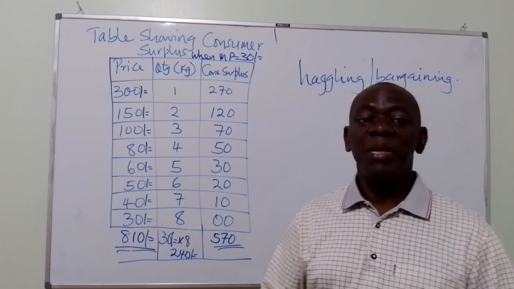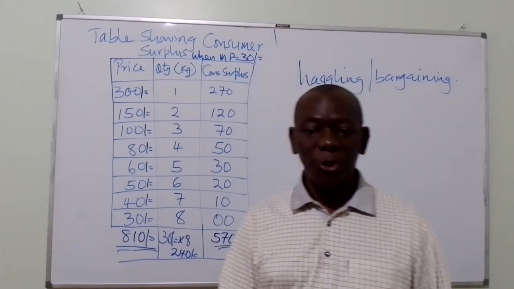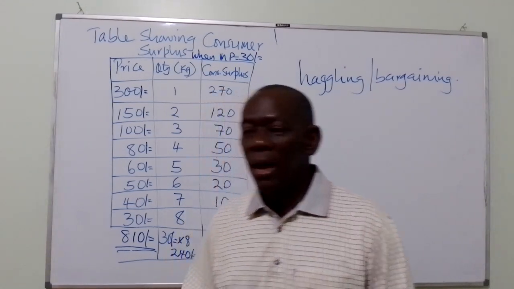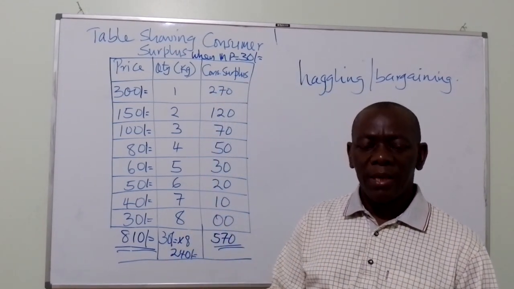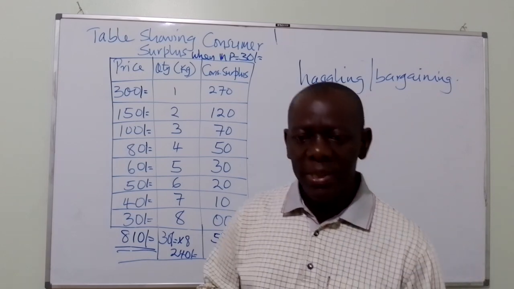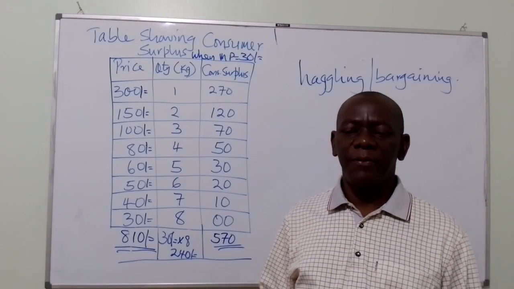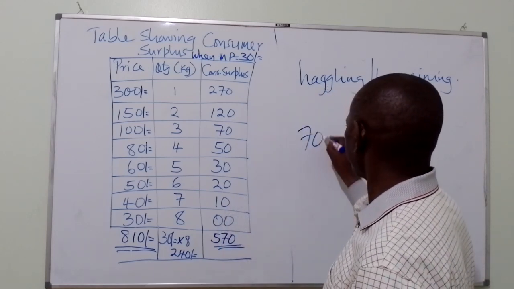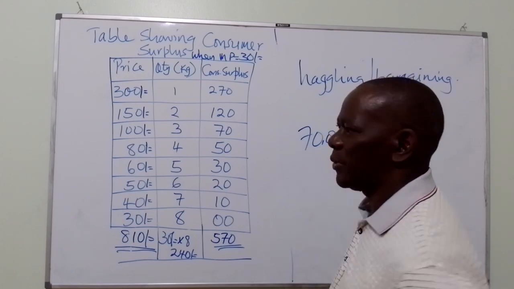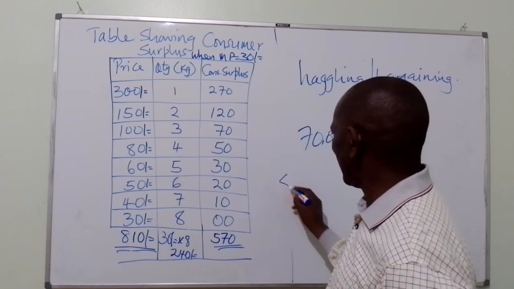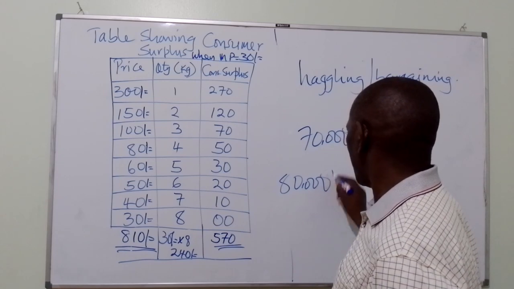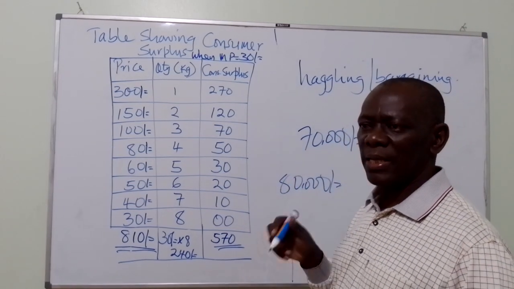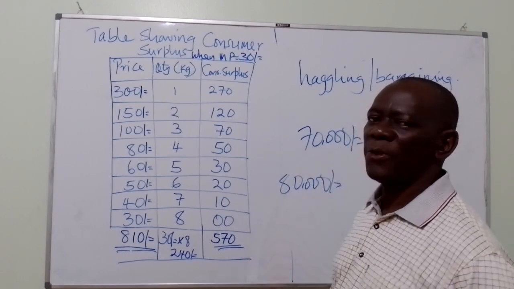For you who is doing it, you may not know what you're doing. But in economics, what you are actually looking at is, are you pushing this seller into your planned expenditure? For example, if I left home ready to buy a radio at 70,000, and when I come to the shop, you tell me it is 80,000, I struggle to bargain to come to my expected expenditure, to come within my utility.